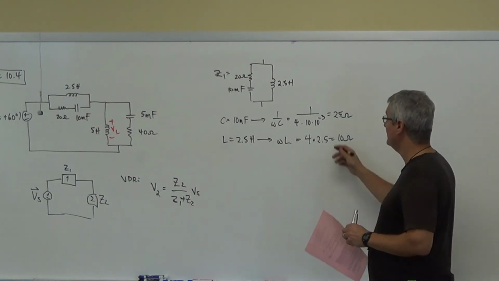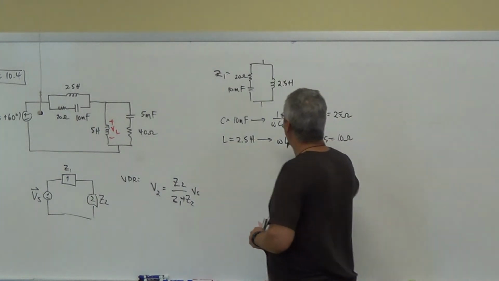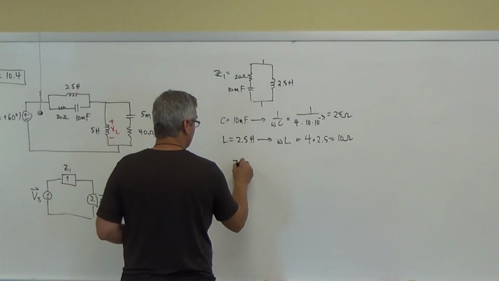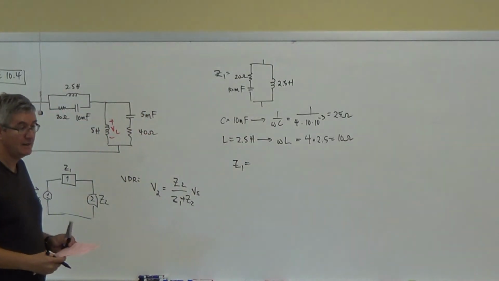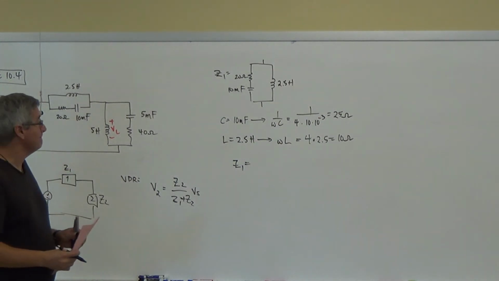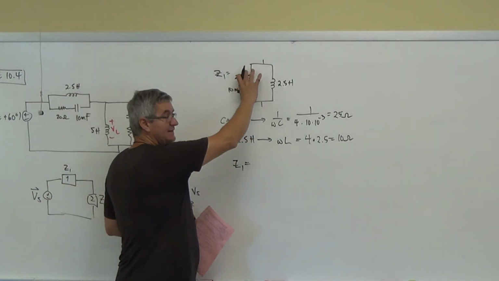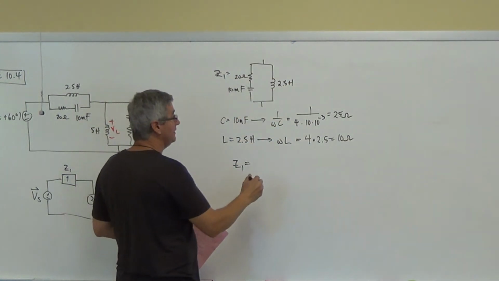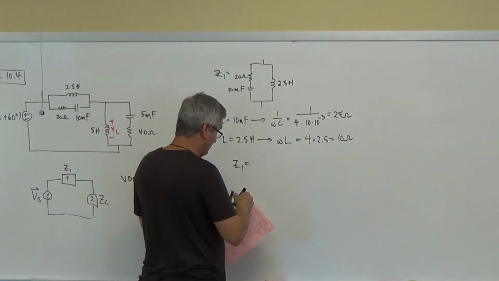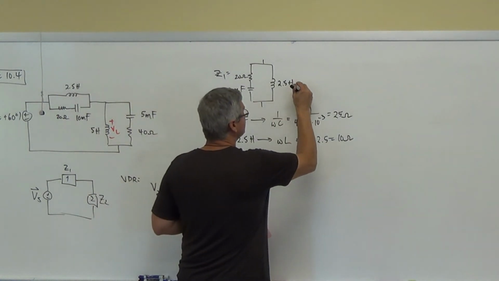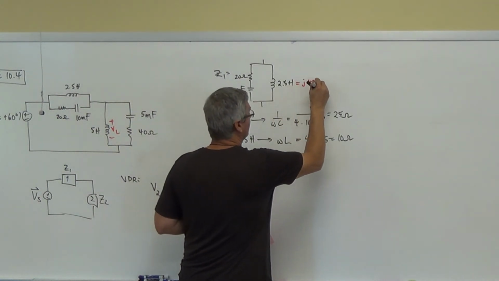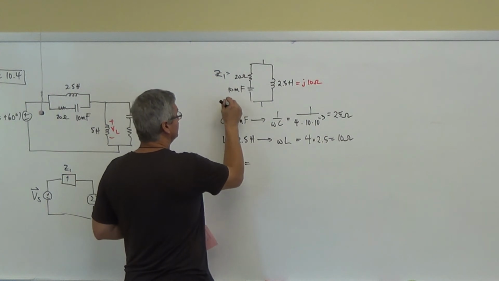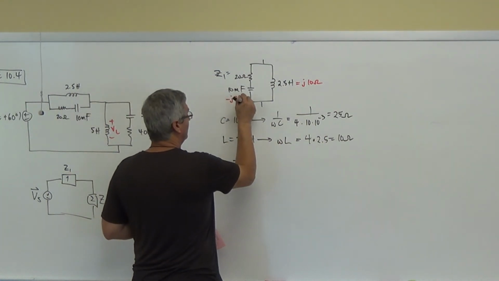Okay? So then if I put this together, now I want to calculate C1. Note that I've got to add these guys. So this guy must be parallel to this. This guy is the same as J, 10 ohms. This one here is minus J, 25.